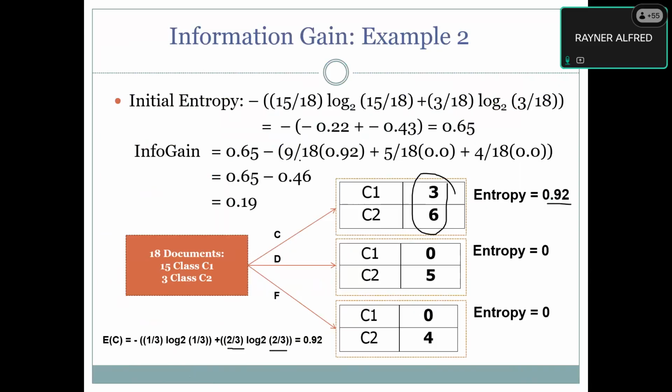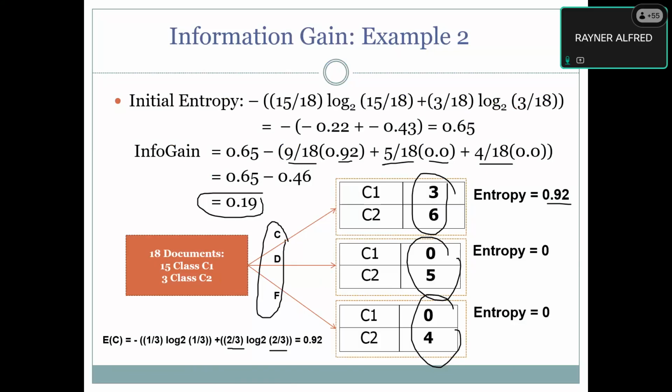So when we plug in, this is the weightage 9/18. This is 5/18, 4/18, depending on the total here. This is 0. Then we get this, and the information gain here is 0.19. So we can tell that by using CDF, we have higher information gain, which means we had better use the keywords CDF instead of ABC.